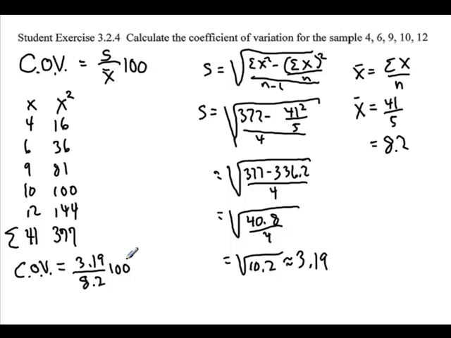And 3.19 divided by 8.2 on my calculator gives me 0.389, which I'm going to round to 0.39. Multiplied by 100 gives me coefficient of variation equal to 39.